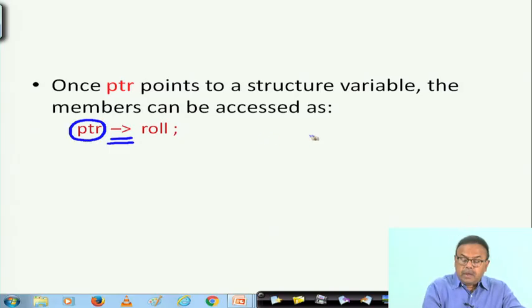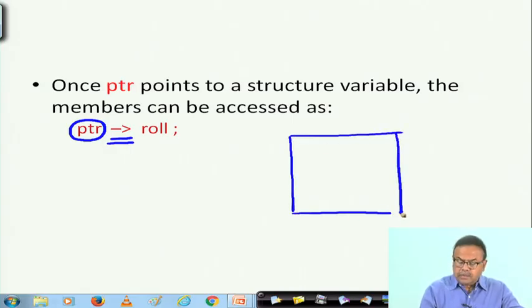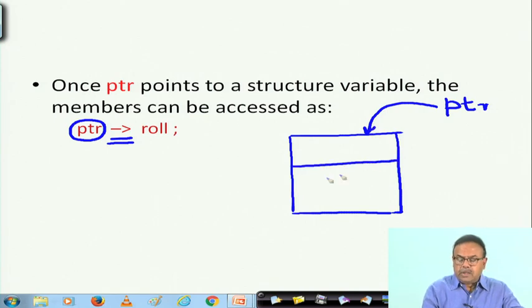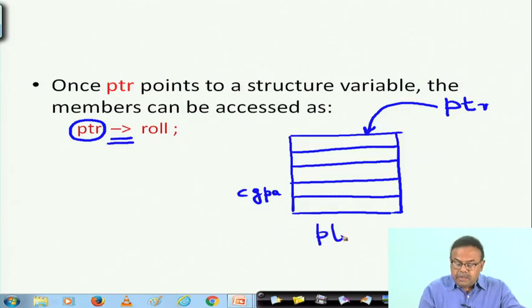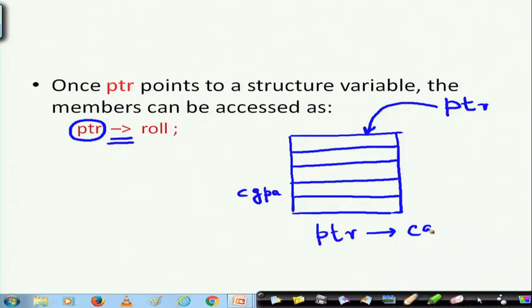Suppose I have got some structure and pointer PTR is pointing to this structure, and it has got different fields, say CGPA is a field. If I write PTR arrow CGPA, that means I am now actually accessing this element of the structure.